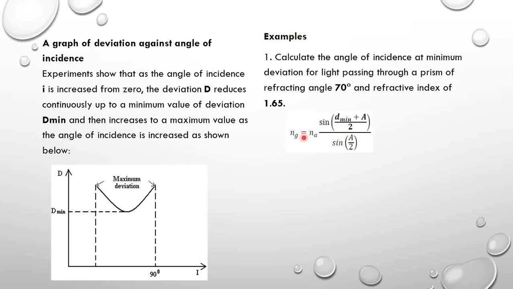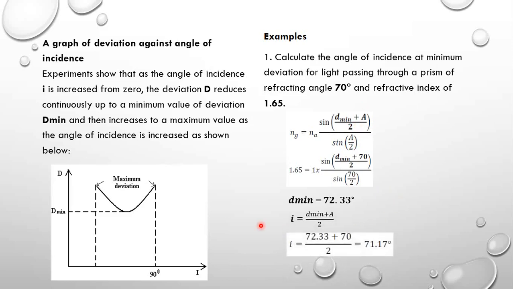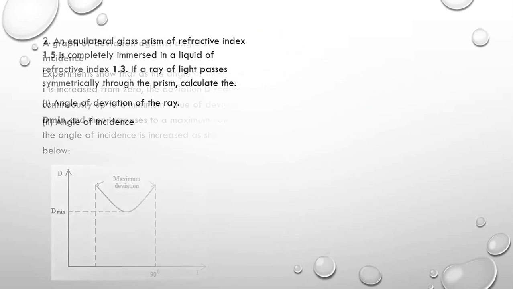If you apply that formula, we shall have our D min as 72.33 degrees. Then after getting the minimum deviation, we know that I is equal to D min plus A divided by 2. So we shall have our I as 72.33 plus 70 divided by 2, which gives us 71.17 degrees.